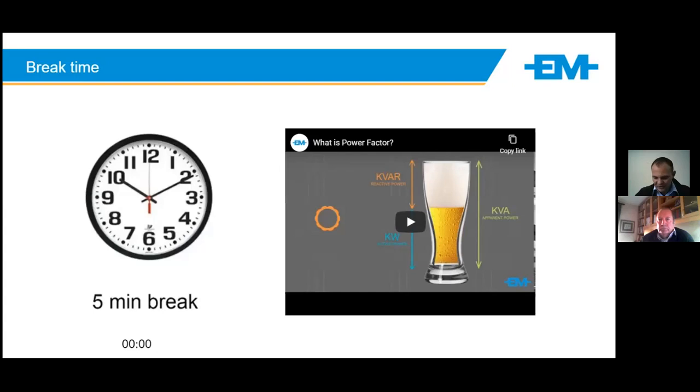If you don't have these reactors in place, remember the capacitor is going to see that voltage issue. It will see parts of the current harmonic issues, and basically what will happen is that capacitor is just going to work a lot harder.